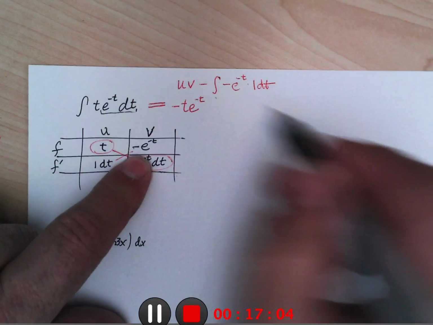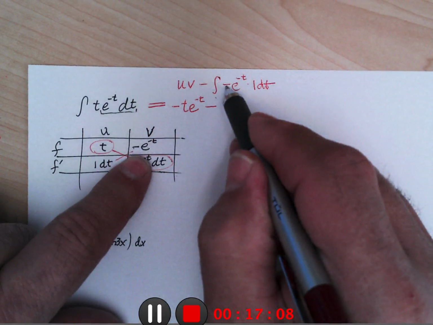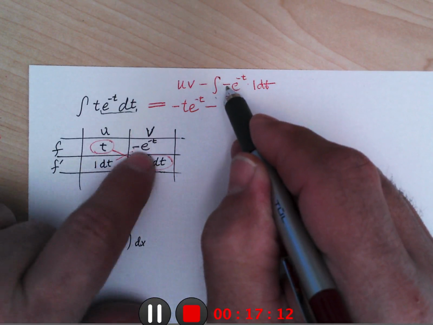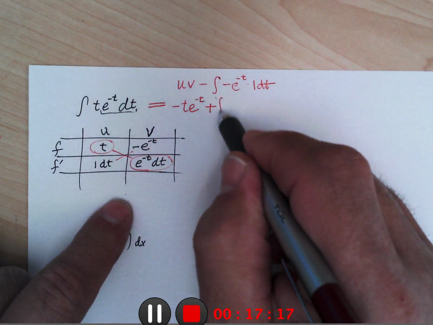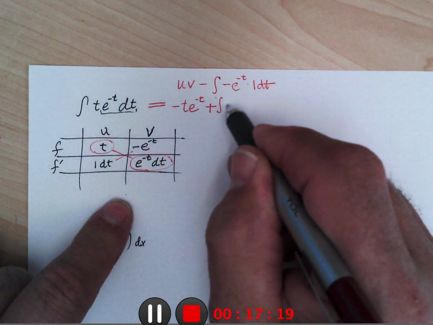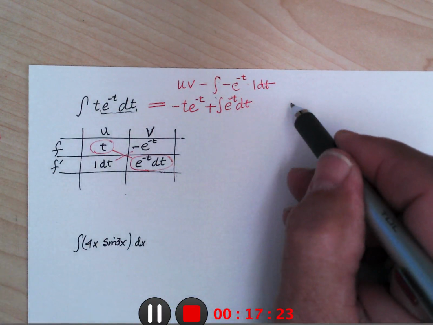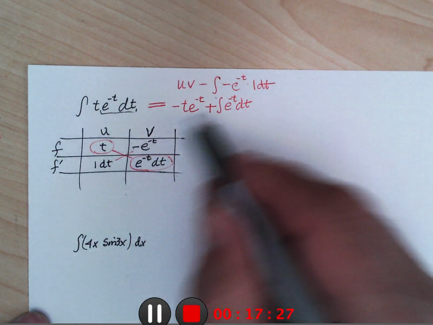minus, and then we have a minus in the integral when we do these two. So that'll change it to plus the integral, the antiderivative of e to the minus t dt, and that we already did once. It's negative e to the negative t.